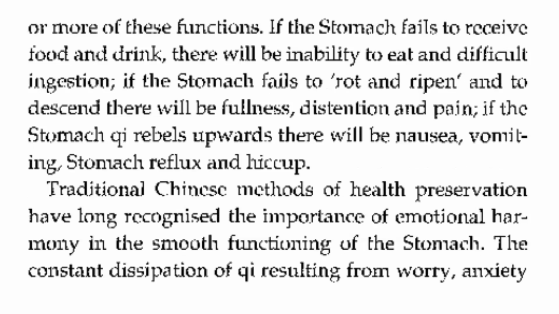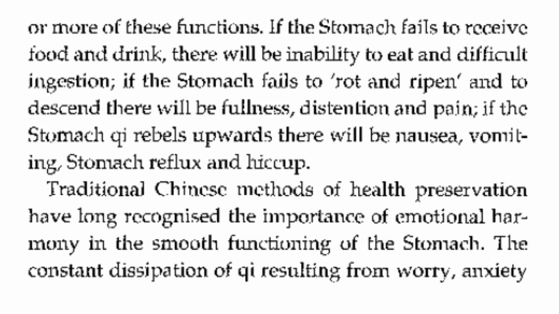If stomach fails to receive food and drink, there will be inability to eat and difficult ingestion. If the stomach fails to rot and ripen and to descend, there will be fullness, distention, and pain. If stomach qi rebels upwards, there will be nausea, vomiting, stomach reflux, and hiccup.